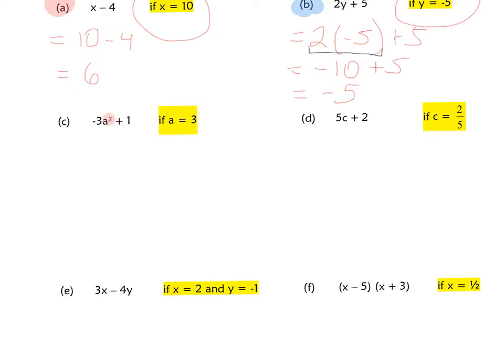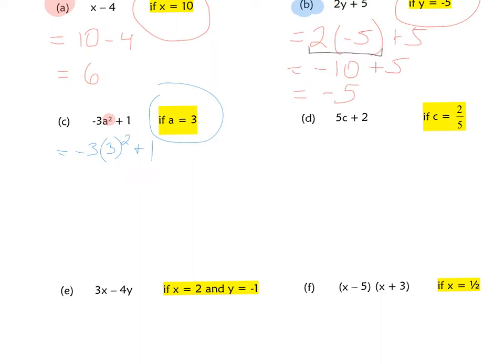This time we have negative 3a squared plus 1, and we know that a represents 3. So we'll put equals negative 3, and I'm going to replace the a with a 3 squared plus 1.